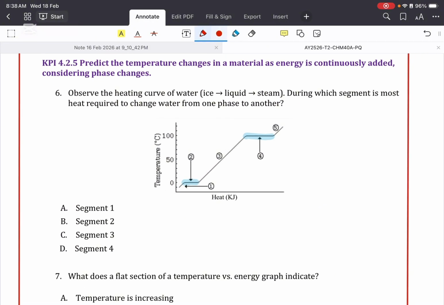So here they're not talking about a physical state that persists. They said in which segment heat is required to change from one phase to another. So we're looking at those segments because in this segment there is no phase change. So it's still in the same phase. So segment 4 is larger.